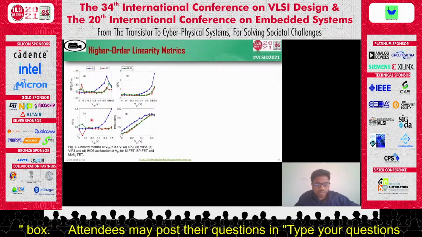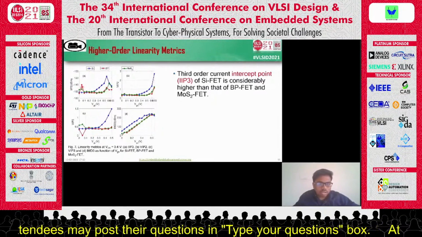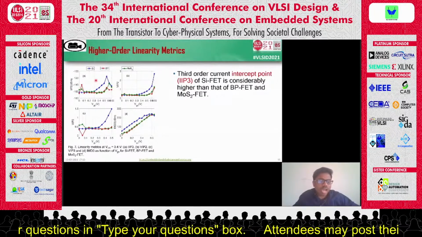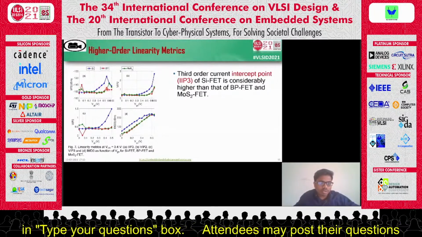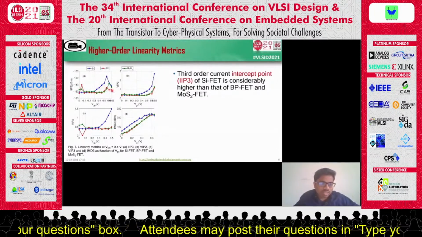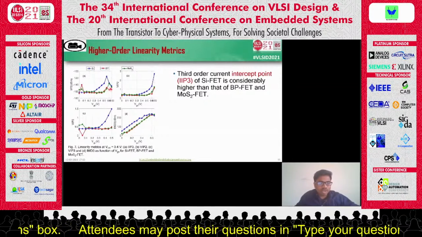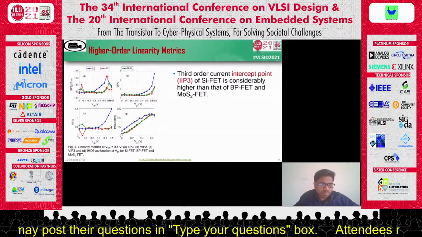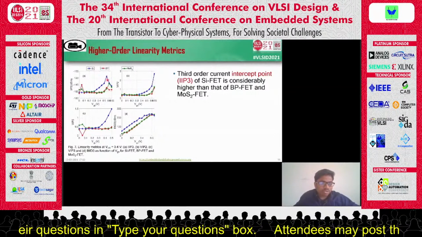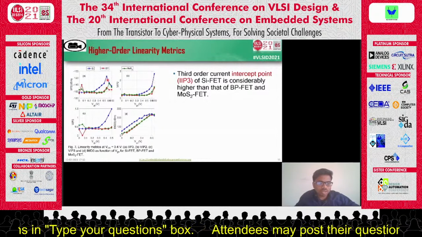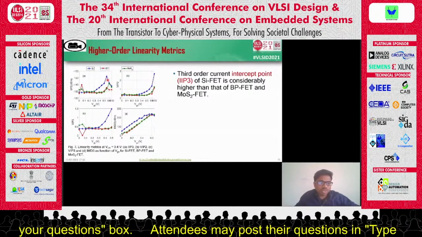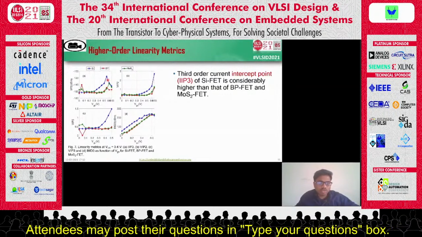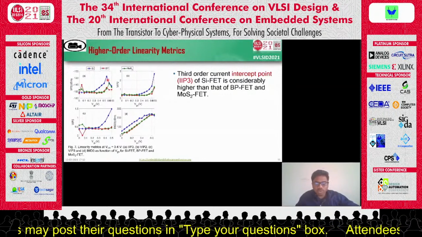And figure 7a shows that the third order intercept point IIP3 of the Si MOSFET is higher than that of the BP and MoS2 FET because it has lower gm3 values. We can also see the IIP3 peak is observed at the zero crossover point of gm3, so it shows that biasing the device at the zero crossover point of gm3 gives improved linearity performance.